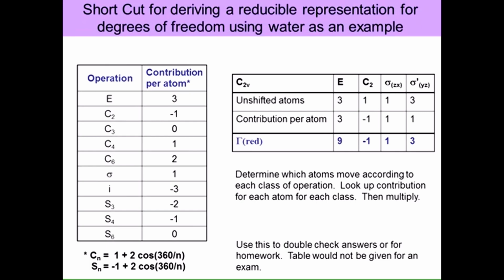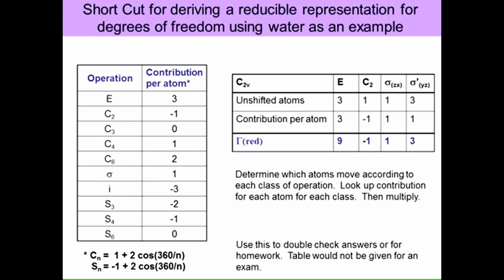Otherwise, to find this, we have the formula 1 plus 2 cos 360 upon n. For example, for C2, n is equal to 2, so cos 180 is equal to minus 1. Minus 1 multiplied by 2 is minus 2, plus 1 is minus 1. This way for Sn also.